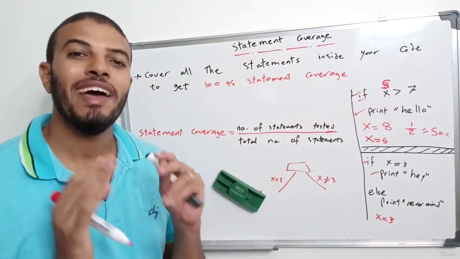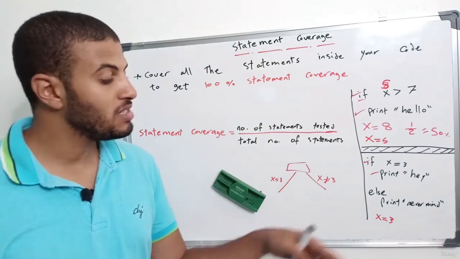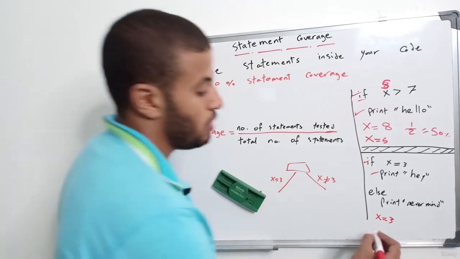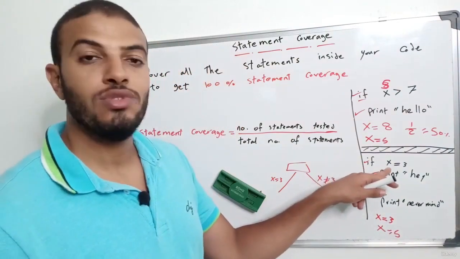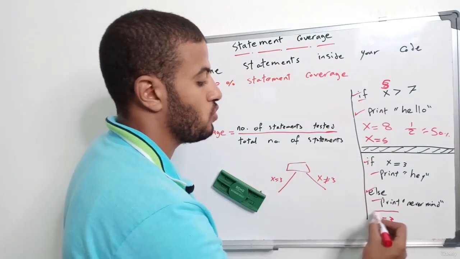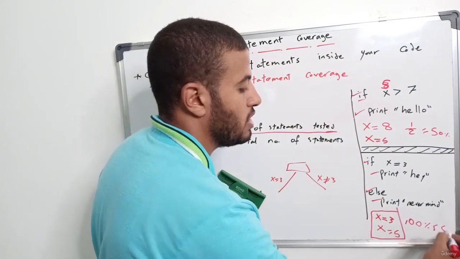So I must have at least 2 test cases. I can't achieve 100% statement coverage here with 1 test case. It must be 2. So here I will say x equals 5. Is 5 equal to 3? No. So it will go to the else and print never mind. So these 2 test cases achieved 100% statement coverage.